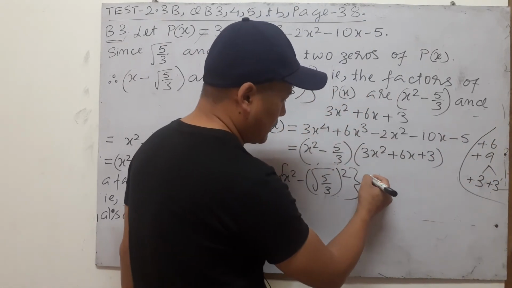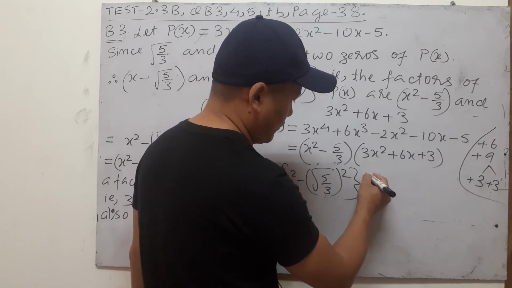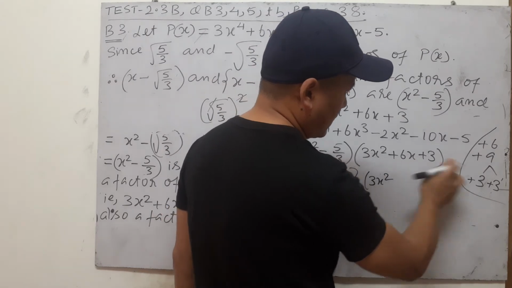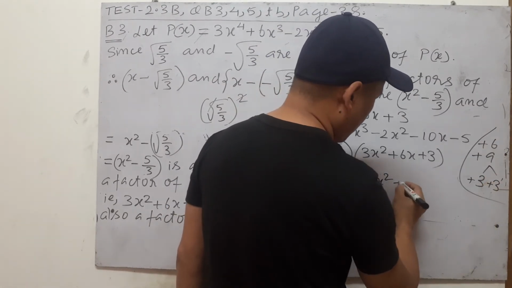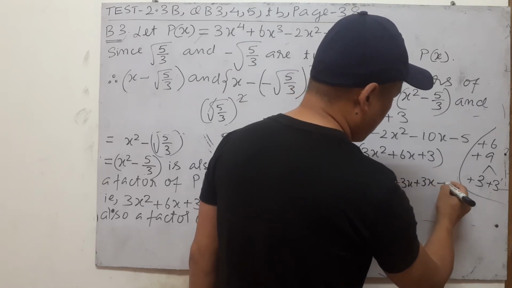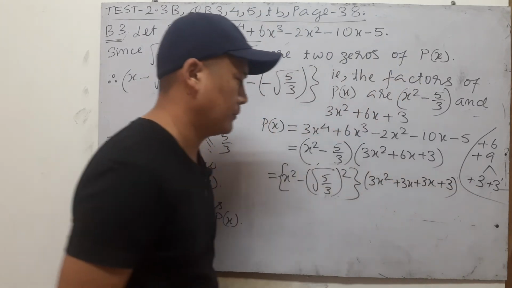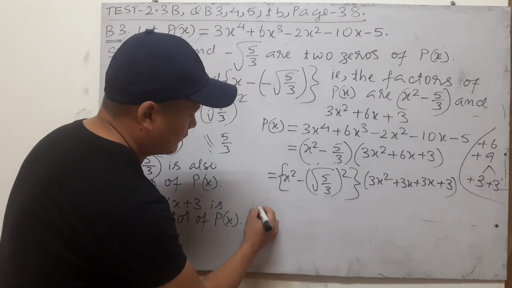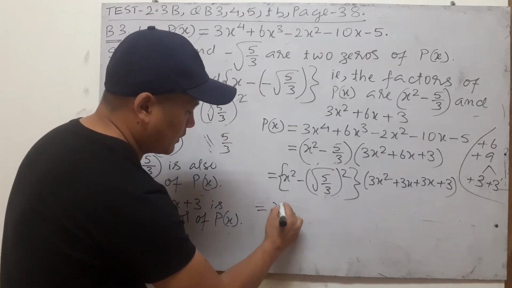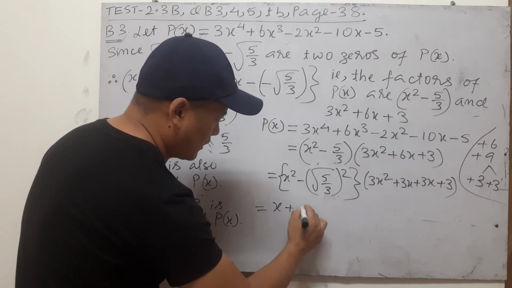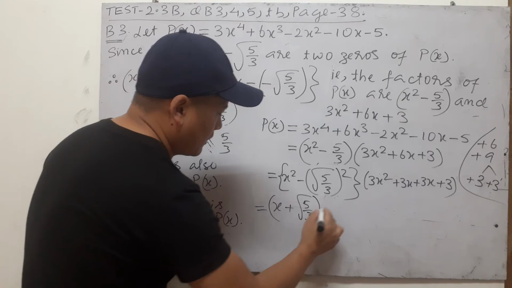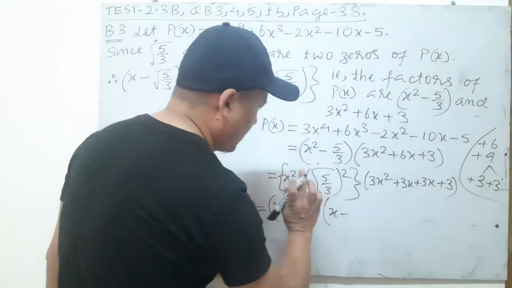So we're going to split the middle term and simplify this portion. Let me write 3x squared, and this plus 6x is going to be split into plus 3x plus 3x, then plus 3. Then here you can see a squared minus b squared is simply a plus b into a minus b, with b as root over 5 by 3. I'm applying the formula.